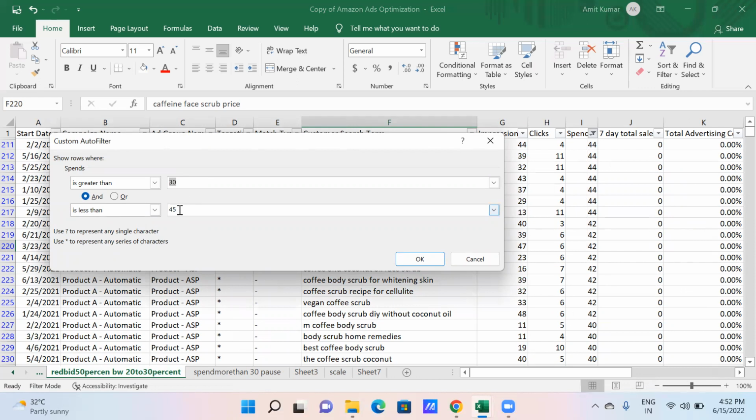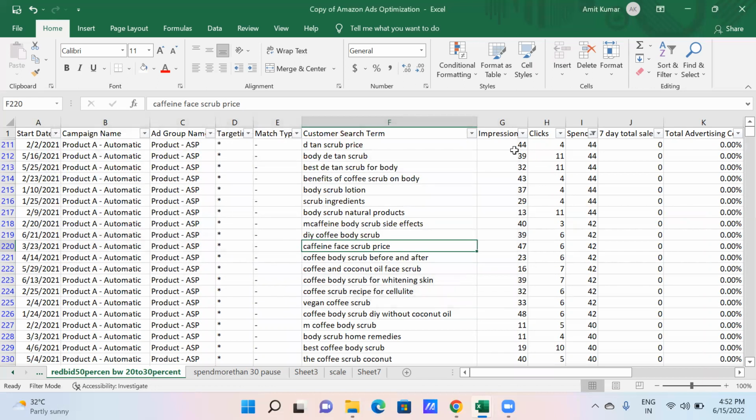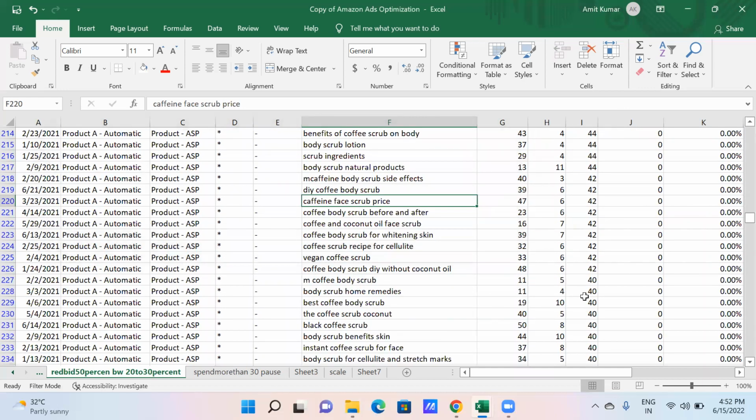So the ad spend lying between 20% to 30% of the CAC: 30% of CAC is 45, and 20% of CAC is 30. So between 30 to 45, what campaigns are lying? When we put the filter, you see all these numbers are between 30 to 45.